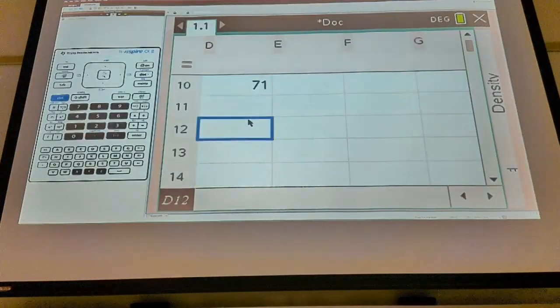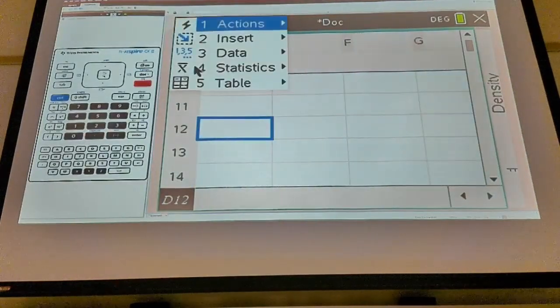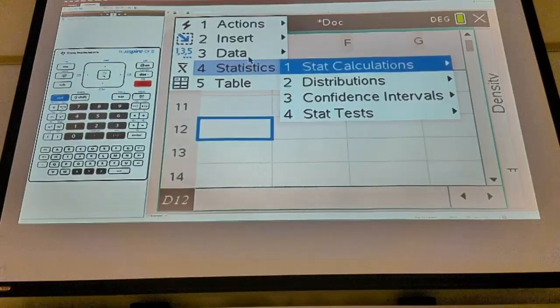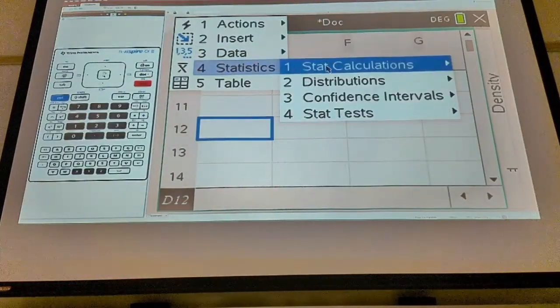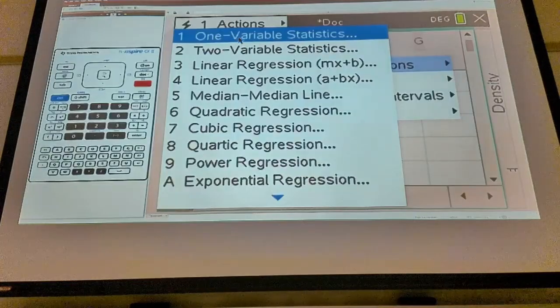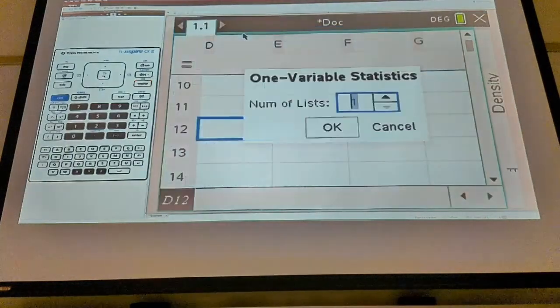It's probably the statistics, stat calculations, one variable statistics.